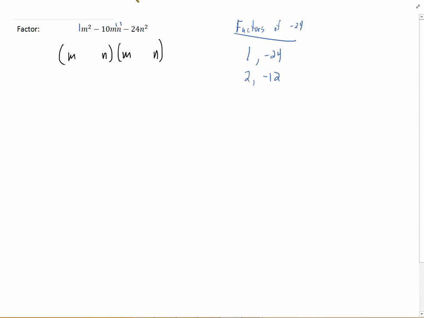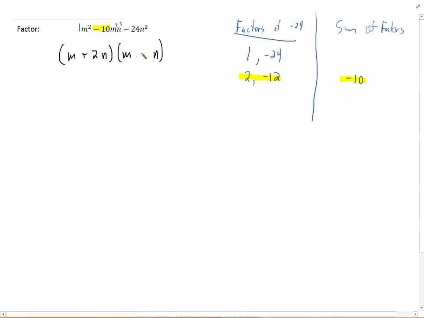And if we consider the sum of the factors, the sum of 2 and negative 12 is negative 10. And we need that negative 10 as the sum of the factors. So that means what we will have is m plus 2n, m minus 12n.